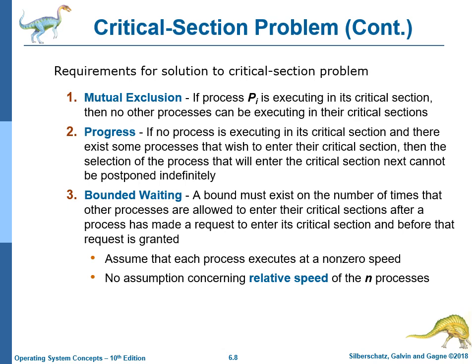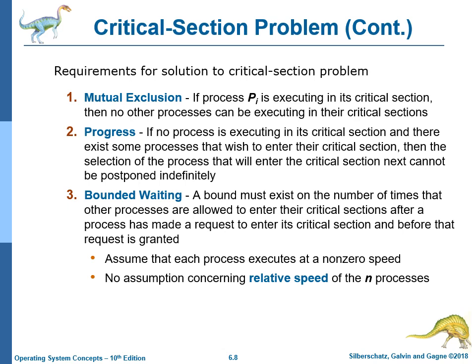Dan yang ketiga ialah bounded waiting. Bounded waiting: there exists a bound or limit on the number of times that other processes are allowed to enter their critical section after a process has made a request to enter its critical section and before that request is granted.